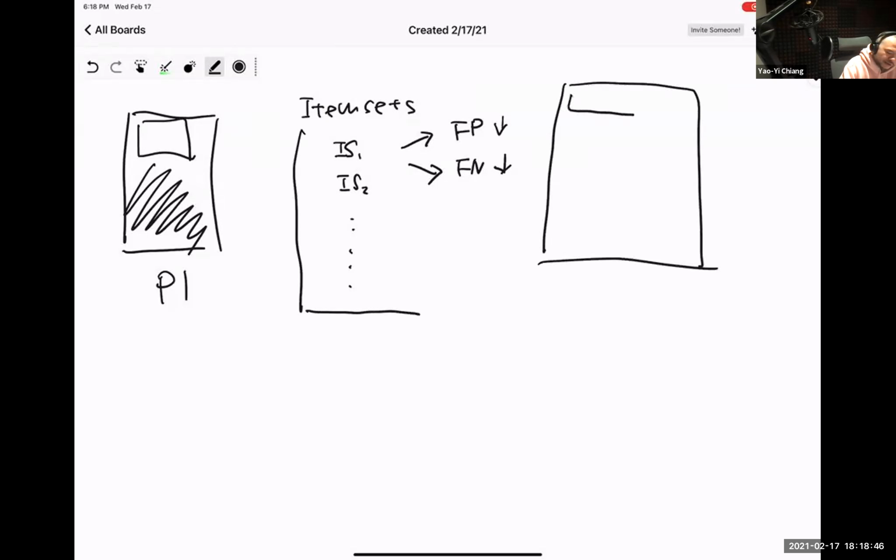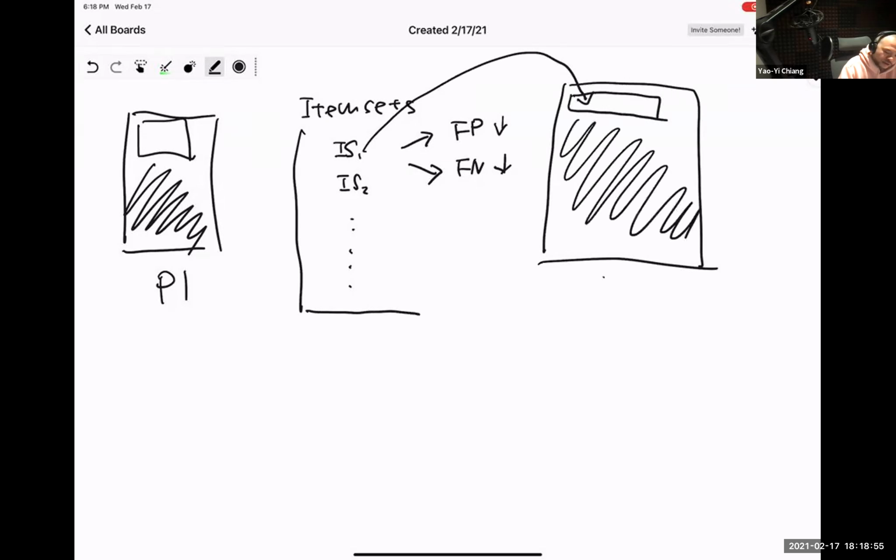And in order to eliminate this, we run a second pass. In the second pass, this memory space is going to store your itemset candidates, and based on that you start to count. You read your data set again. Let's say in this case ABC is in your negative border, AB is frequent, BC is frequent, AC is frequent.